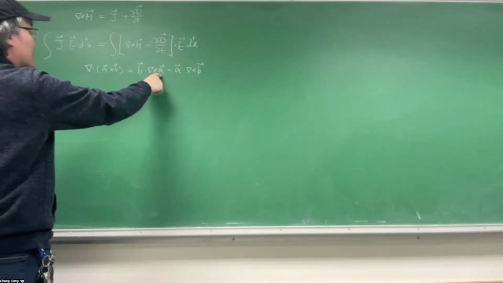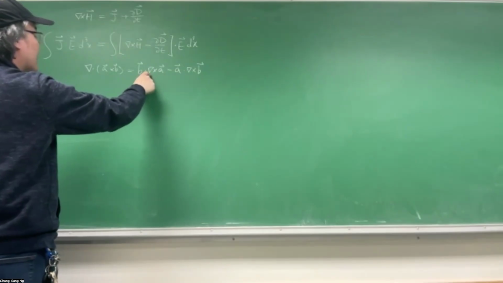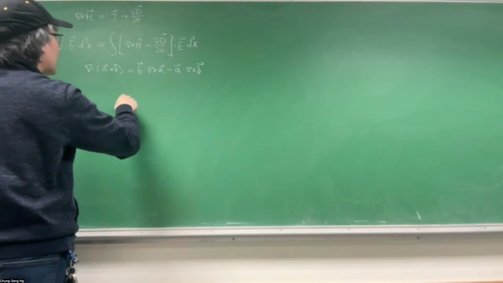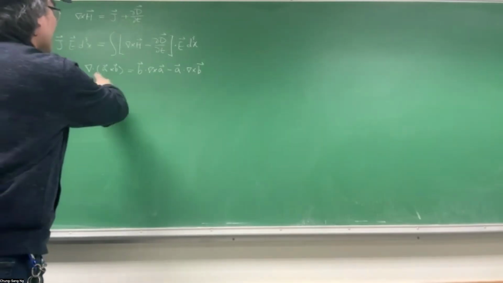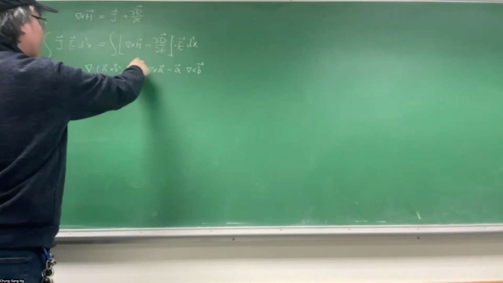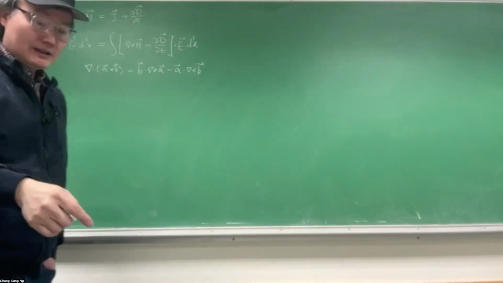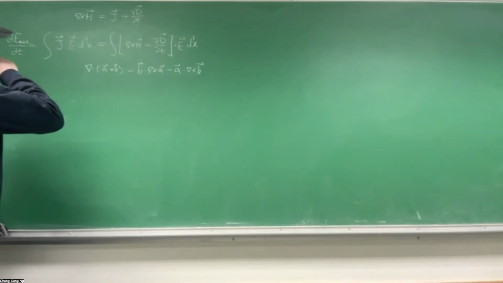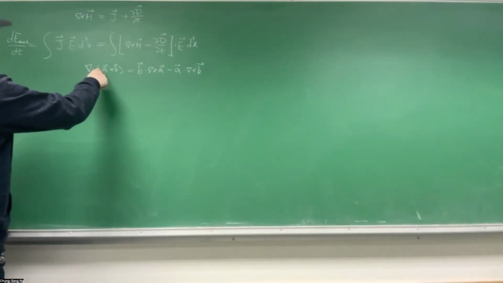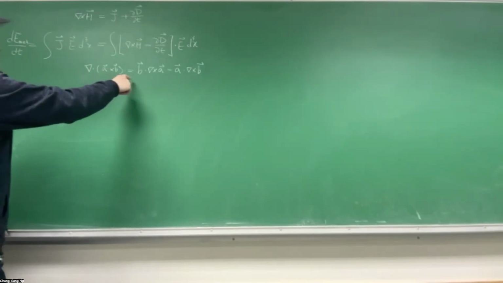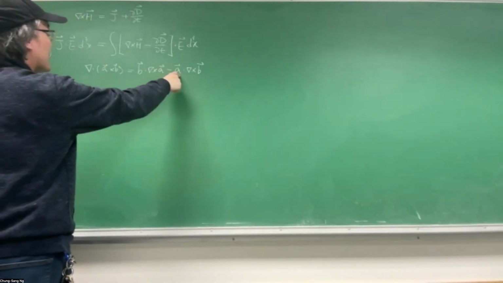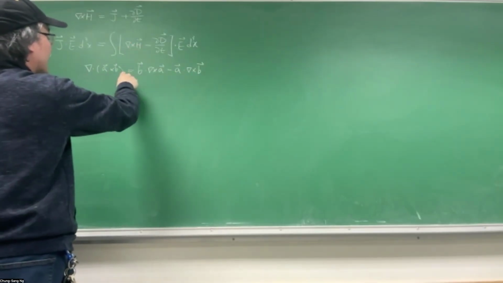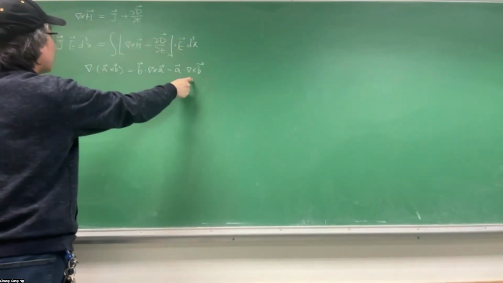Either one should be fine, but whichever one you identify as E, just change the order of A and B. So let's see, in Jackson later, the quantity that we define will be E cross H. So A will be E, B will be H. So this one is like this one. So you move this to one side and move this to the other side.